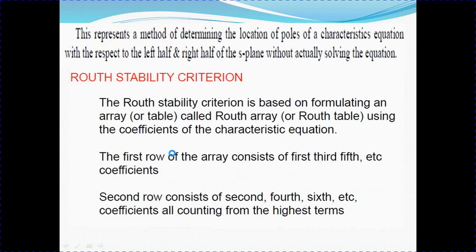This RH criteria represents a method of determining the location of poles of the characteristic equation with respect to the left half of the S plane or right half of the S plane without actually solving the equation. In case of Routh stability criteria, we form a Routh table, also known as the RH array or Routh array, by using the coefficients of the characteristic equation.